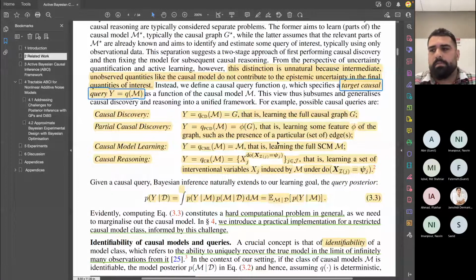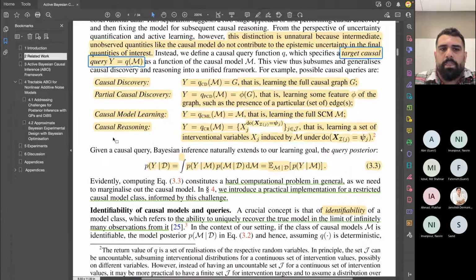For example, in a real world scenario, they want to select the impact of smoking on cancer, or blood sugar, diabetes, things like that. So they may not need to know the full causal graph.